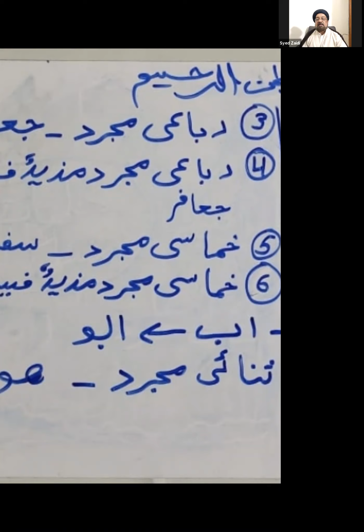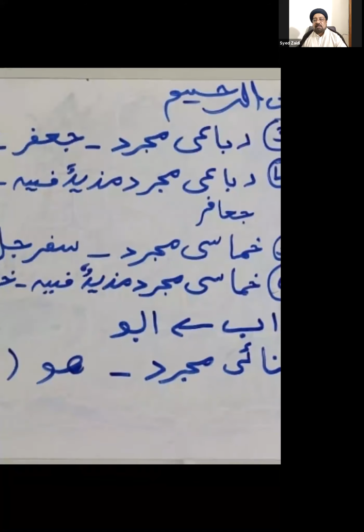The original four-letter root word is called Rubai Mujarrad. The root word that consists of four letters is called Rubai Mujarrad, just like the previous thulathi mujarrad.